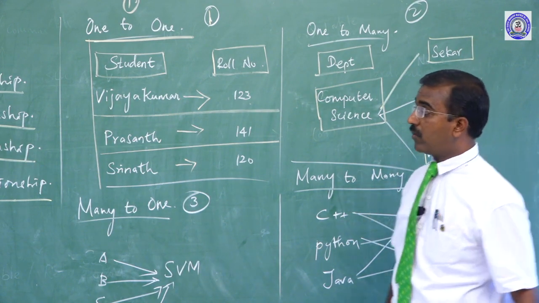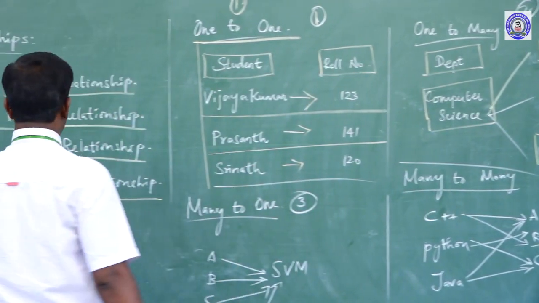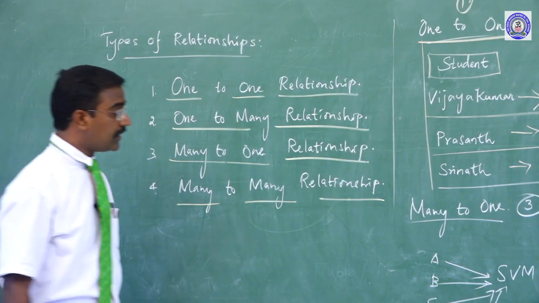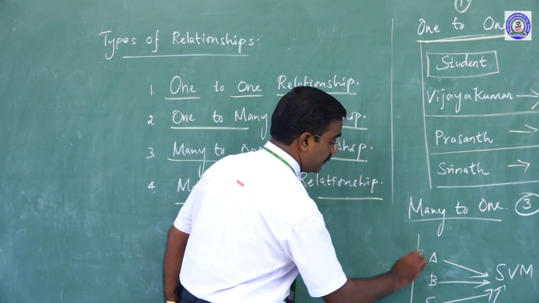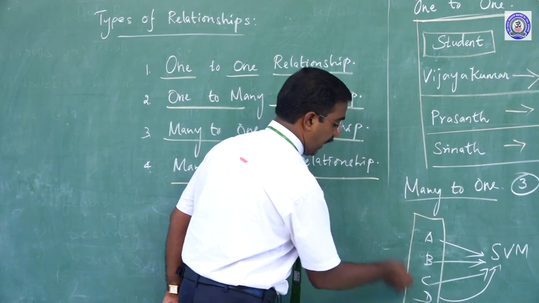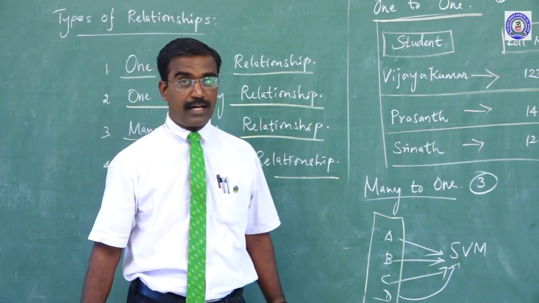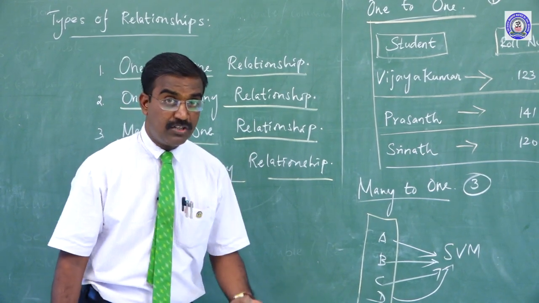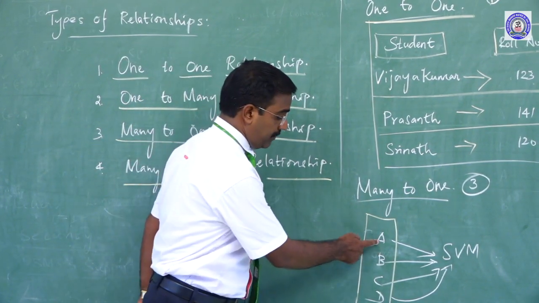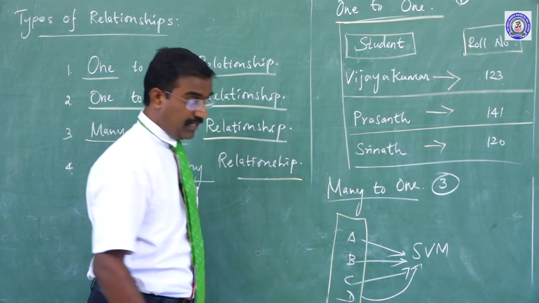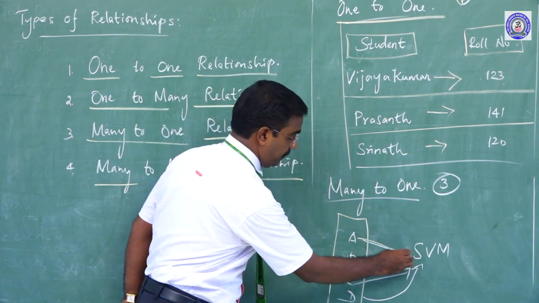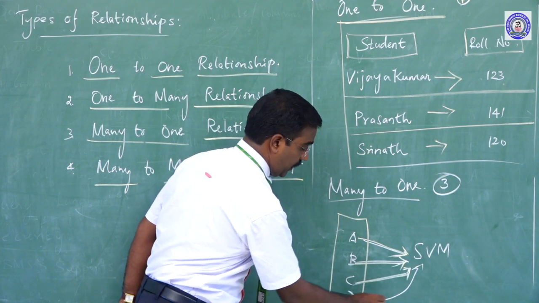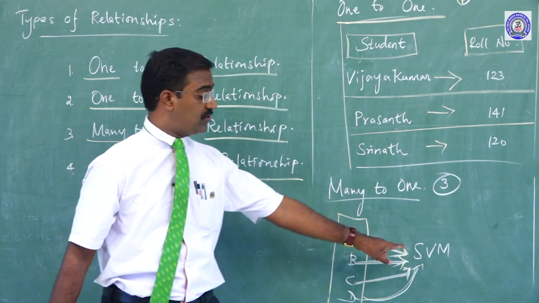Done. Now can I say about the many-to-one relationship? In this many-to-one relationship, in our school, different types of employees are working. The staff names, alphabetically, I will tell you: A, B, C and D. But these faculties are working in a single institution.